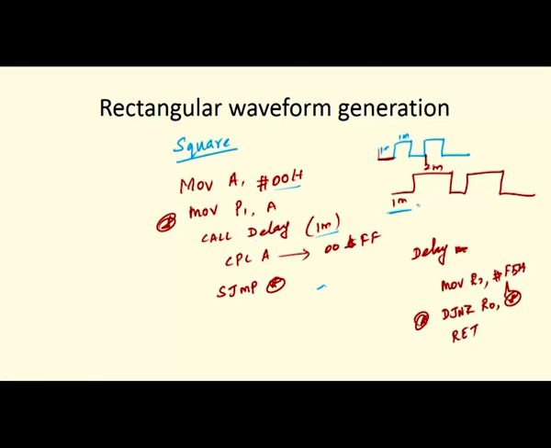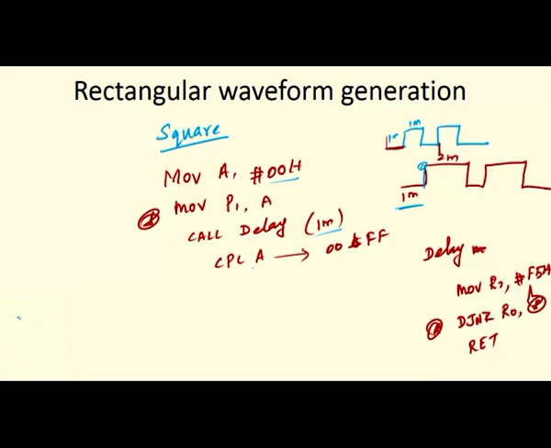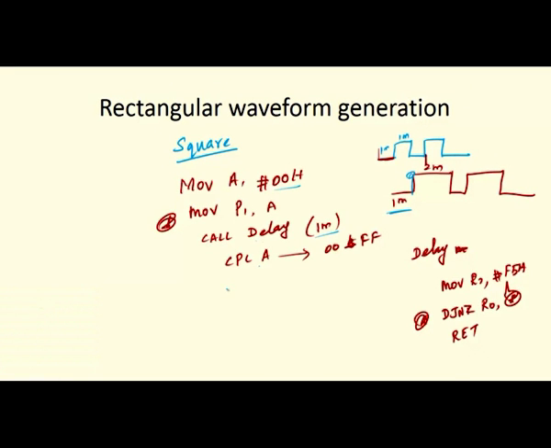Then what I have to do after 1 millisecond: now it goes to the high value because I have complemented. Now, I have to give another delay. So, here you replace this line. After getting the FF value, I call the delay, or this delay for 2 milliseconds. Okay. So, after that, after complementing, I have to wait with the same delay, then it goes to move to this.